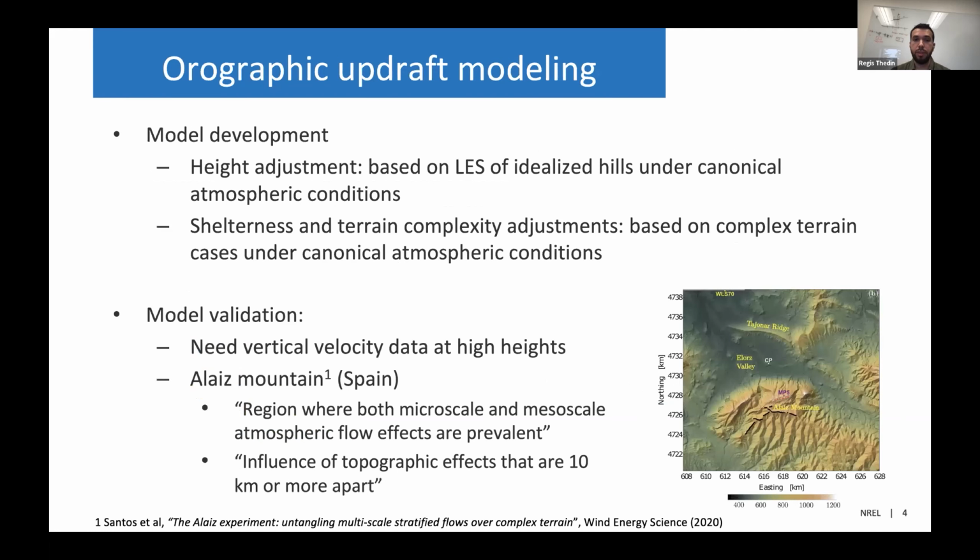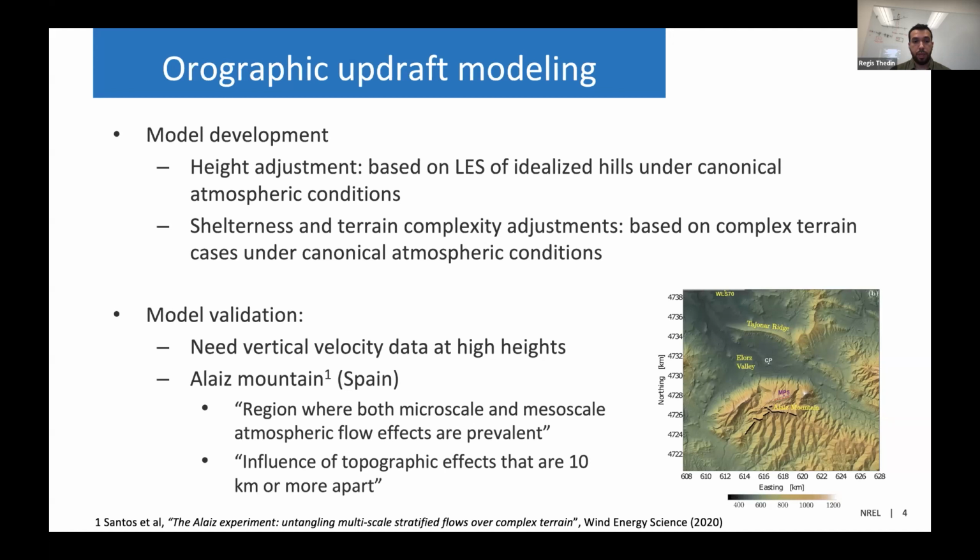We developed this model based on these LES simulations of the atmosphere. We started to develop the height adjustment based on canonical simplified hill geometries under canonical neutral conditions and canonical unstable conditions. And then we moved on to realistic terrains like Top of the World in Wyoming and some Appalachian region in central Pennsylvania, also executed under canonical conditions and diurnal cycles, to further adjust the model.